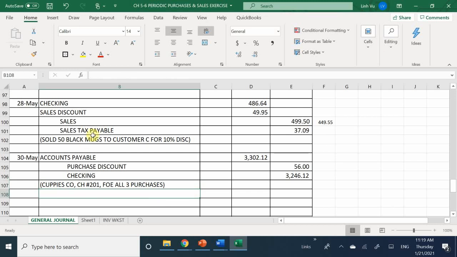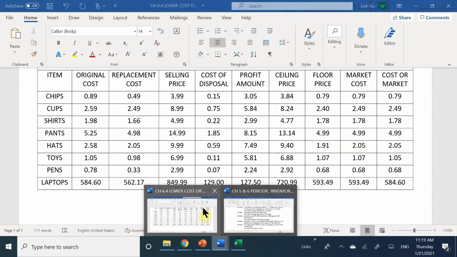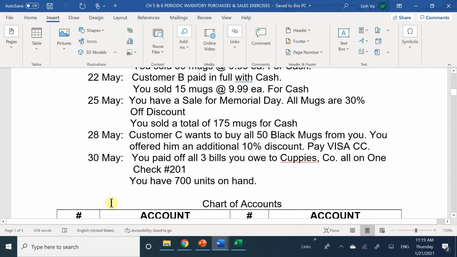Okay? All right, last but not least, the last scenario here is that you have a total of 700 units on hand. So what does that mean?